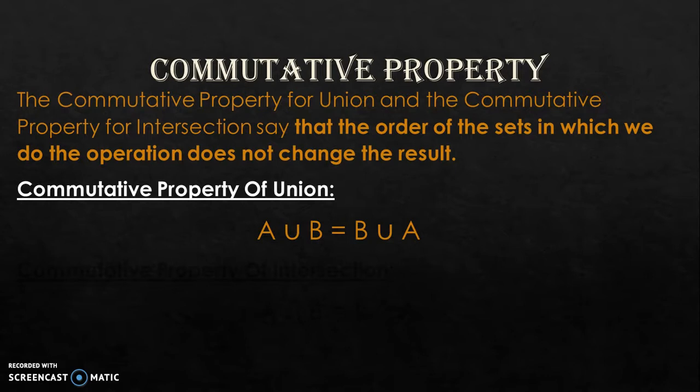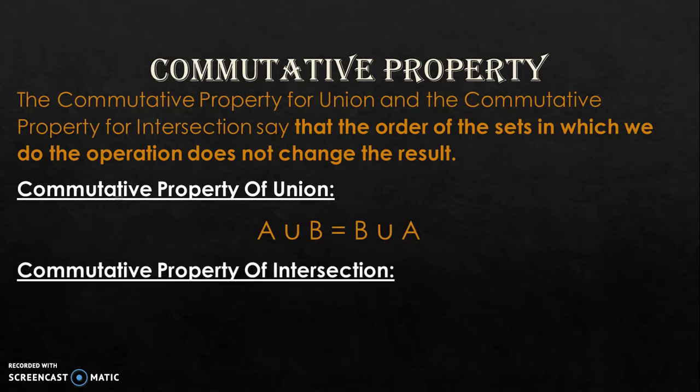Like in numbers, if we do 1 plus 2, we'll get the same answer 3, and even if we do 2 plus 1, we'll get the same answer 3. As a number, the order does not matter when we are adding two numbers. Exactly in sets, the order does not matter when we are finding the union of two sets. We'll get the same answer for A union B as we'll get for B union A, and similar applies on the intersection of set.